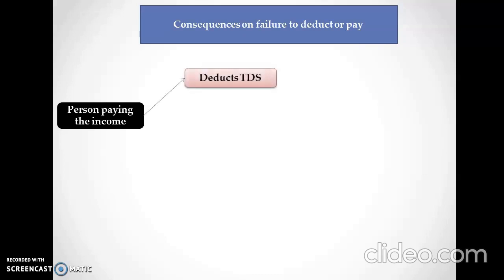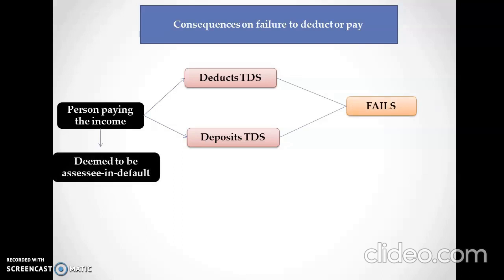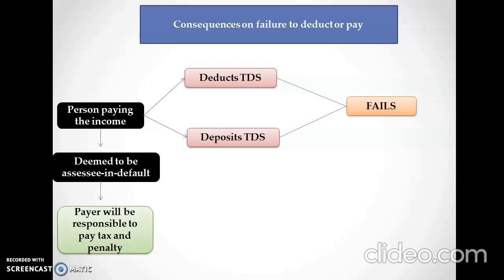It is the responsibility of the person who is paying the income to deduct the TDS and deposit it. If he fails in both, then he will be treated as deemed to be assessee in default, and penalties will be charged upon that person.